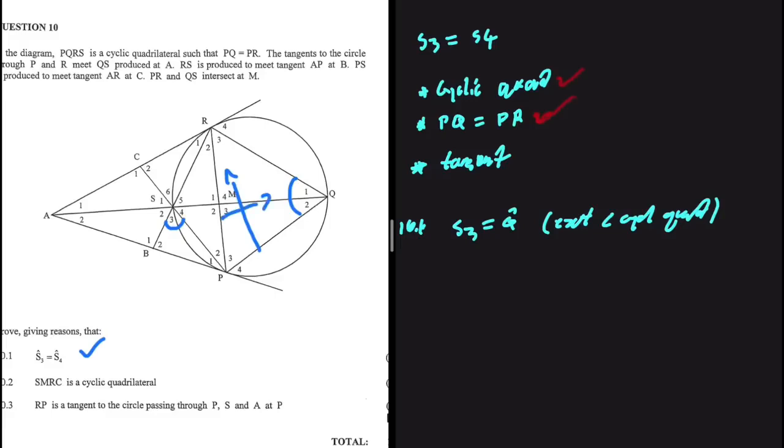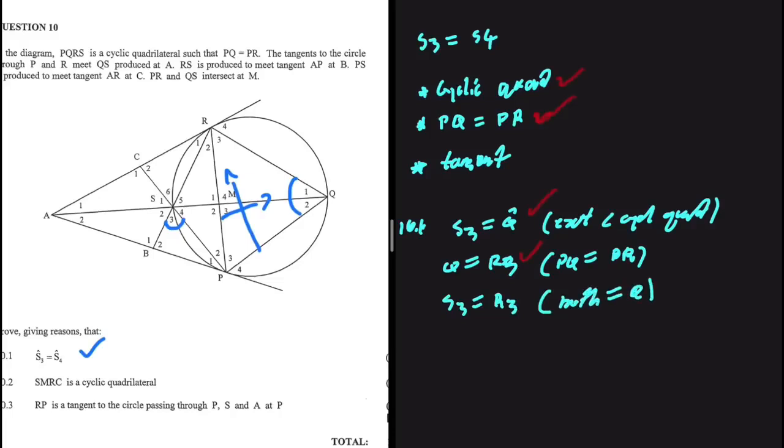That will tell us that Q is equal to R3, because PQ is equal to PR. But if S3 is equal to Q and Q is equal to R3, then S3 is equal to R3 because they are both equal to Q. Okay, I think we can say that.